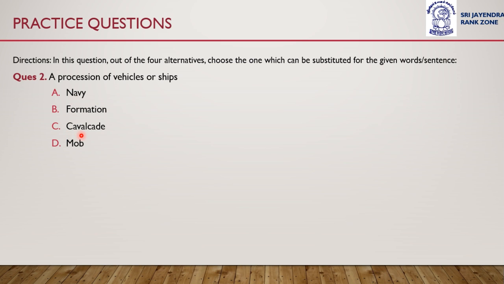Option C, cavalcade. And option D, mob. Navy, formation, cavalcade or mob. Which of these words represents a procession of vehicles or ships?